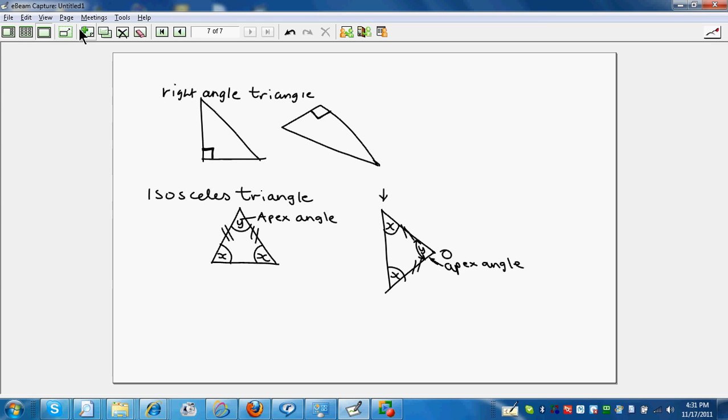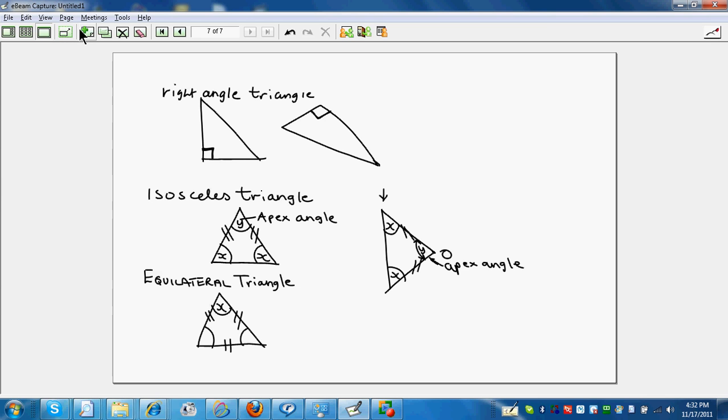The next one that we do is something called an equilateral triangle. That's the next one that we look at. And in an equilateral triangle, the triangle is so constructed that all the sides are equal in length and all the angles are equal in magnitude.